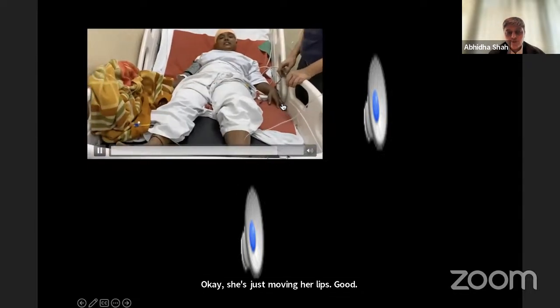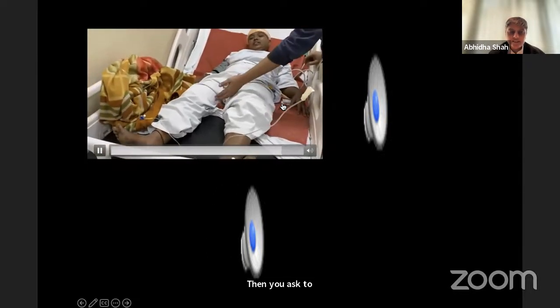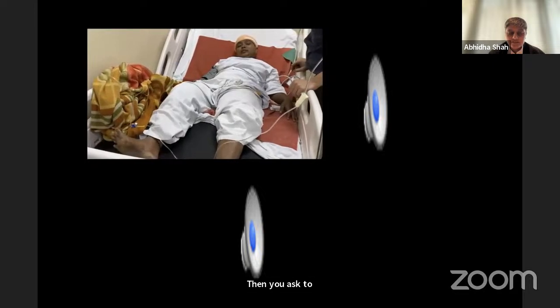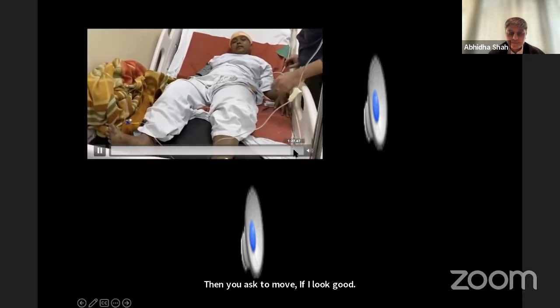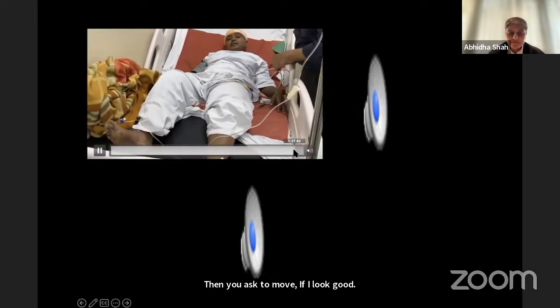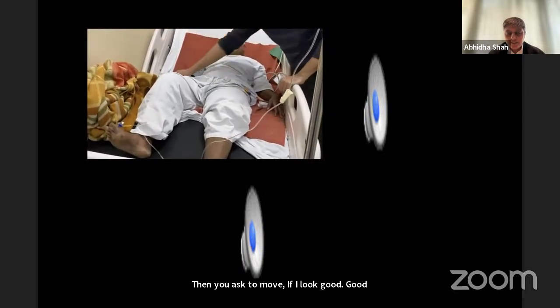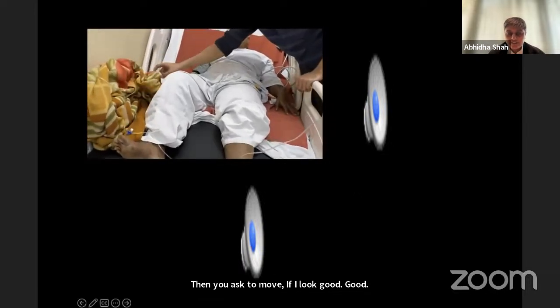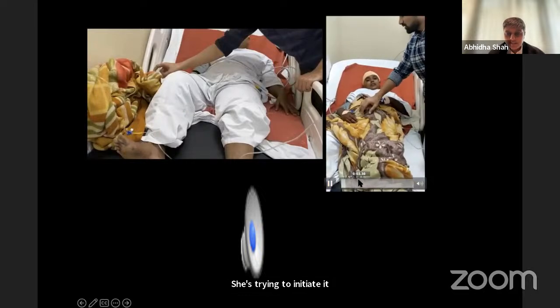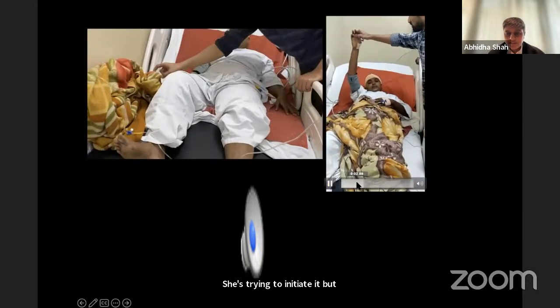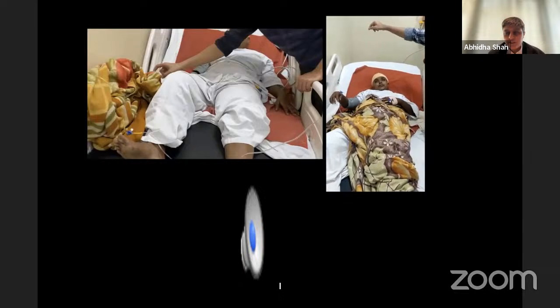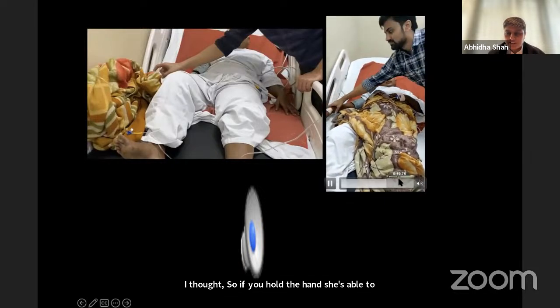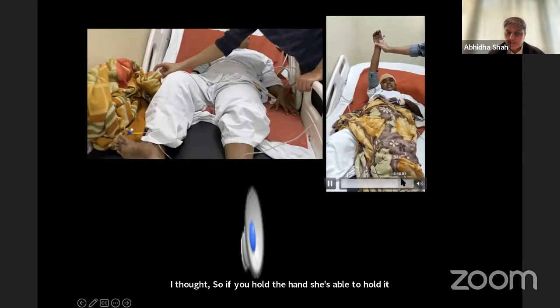Then you ask her to move her legs and hands. She's trying to initiate it, but she's having difficulty. If you hold the hand, she's able to hold it a little bit, but if you ask her to initiate the task, she's not able to do it.